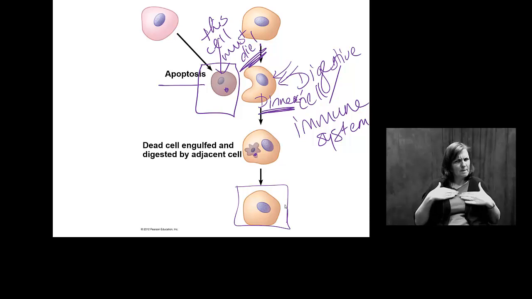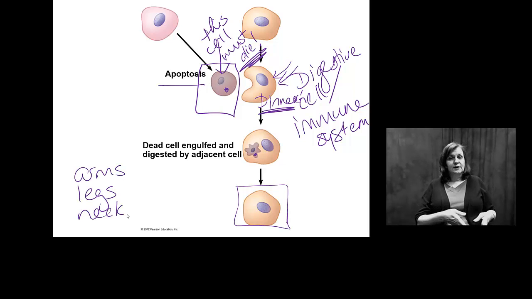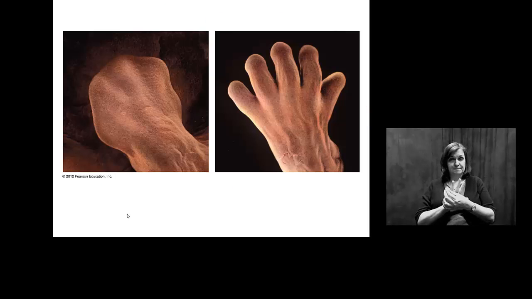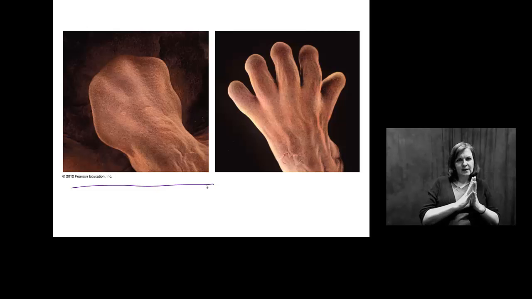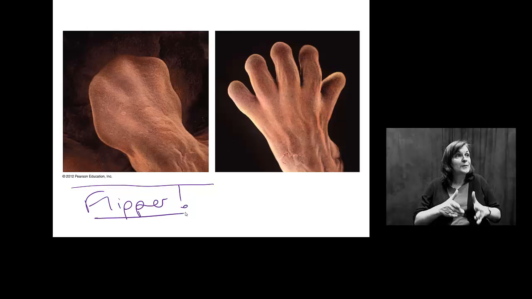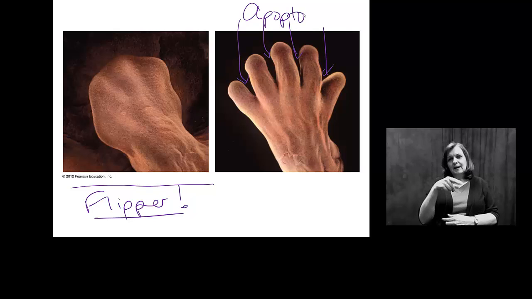Where do you think we see this in you? Well, I gave you hints that it makes your arms and legs and neck. But one prime example are your fingers. These are your fingers early in development. You kind of have a flipper, right? The swimmers in the audience might wish they still had those. But if you actually want defined fingers, these spaces in between are formed by apoptosis.